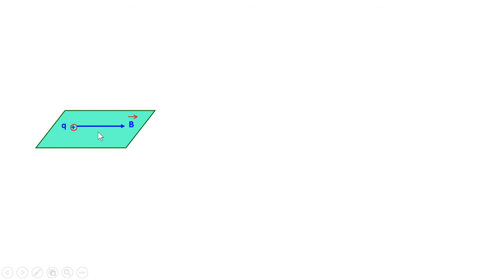Now there is a charge. This is a plus Q charge. This plus Q charge is moving in this particular direction. You are observing that is the direction of V. So the magnetic field is here and the velocity is in this direction.